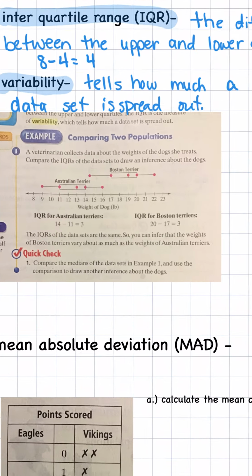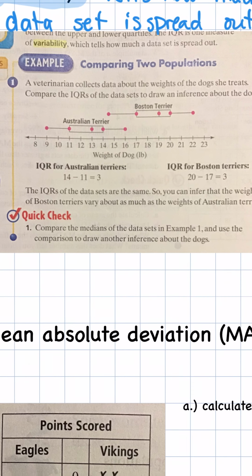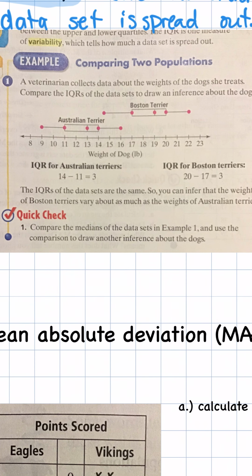So now let's look at this one, comparing two populations. A veterinarian collects data about the weights of dogs she treats. Compare the IQRs of the data sets to draw an inference about the dogs.